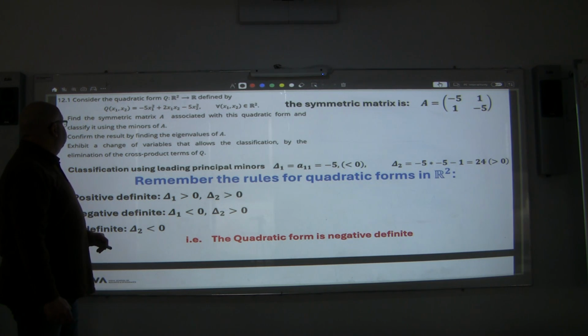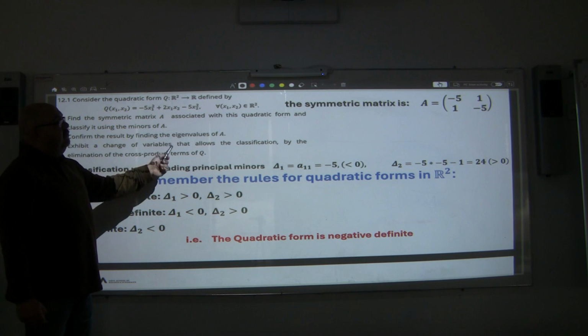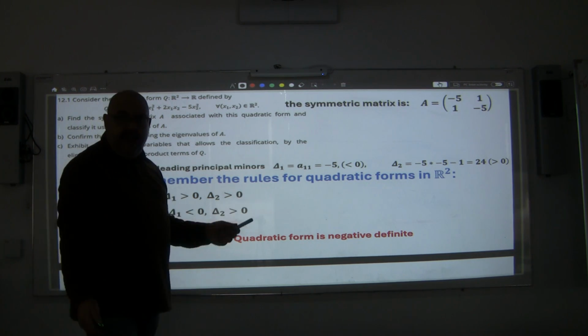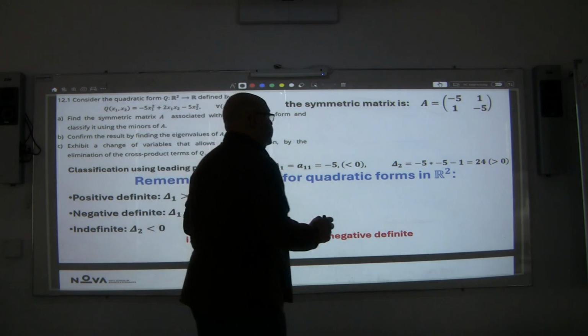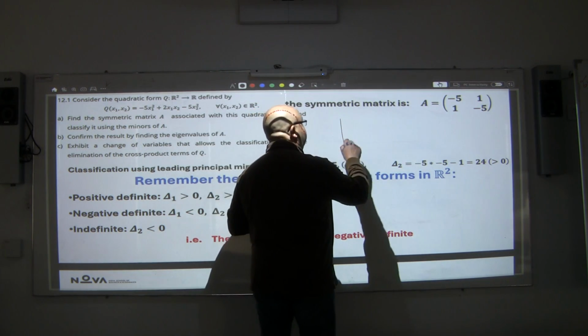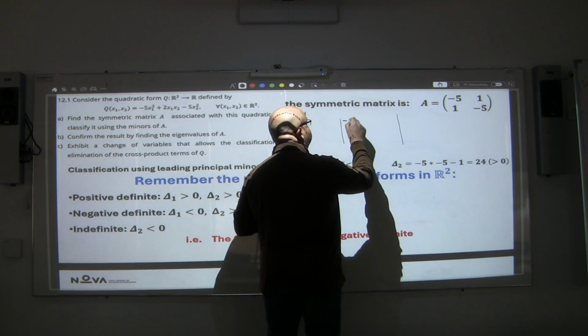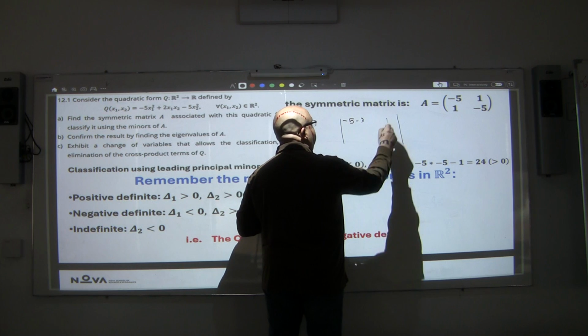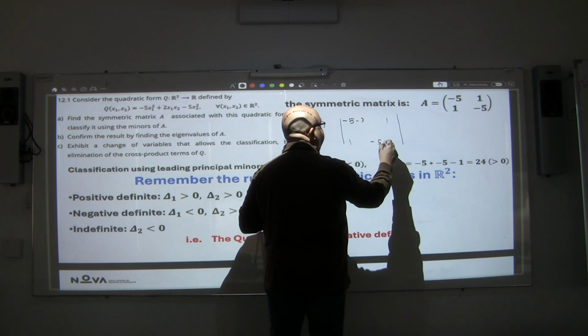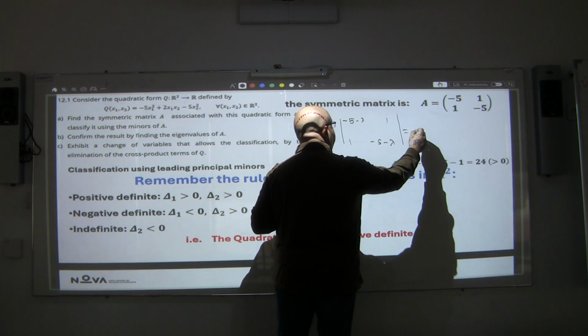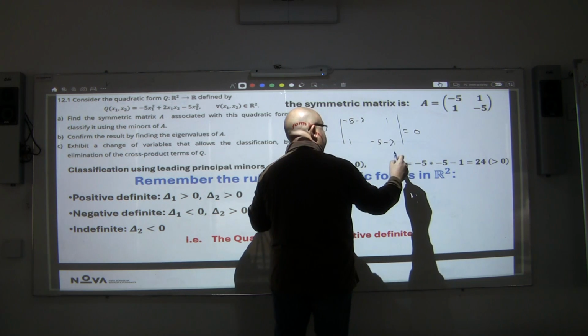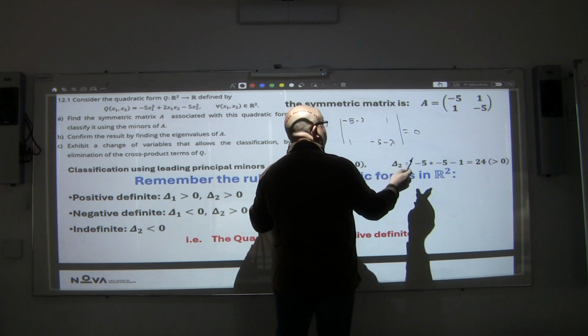For part B, he is asking you to confirm by finding the eigenvalues. It's very, very simple. Even before going to the next slide, I will evaluate the eigenvalues, which is going to be the determinant of -5 minus lambda, 1, 1, -5 minus lambda equal to 0, and then I will expand this into a quadratic form.